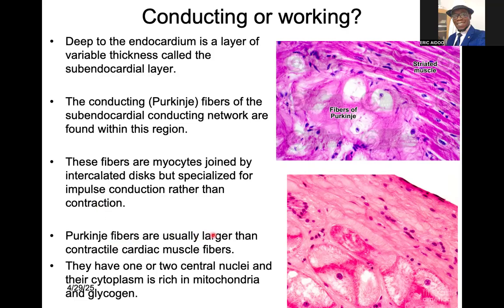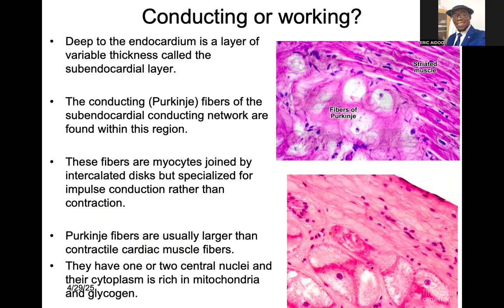Purkinje fibers are usually larger than the contractile cardiac muscle fibers, all right? So again, the difference is that the contractile ordinary cardiac muscle cells or fibers are smaller than the Purkinje fibers. So Purkinje fibers are larger.